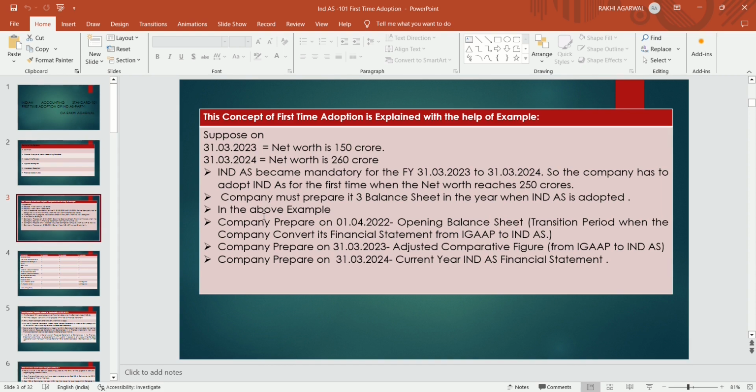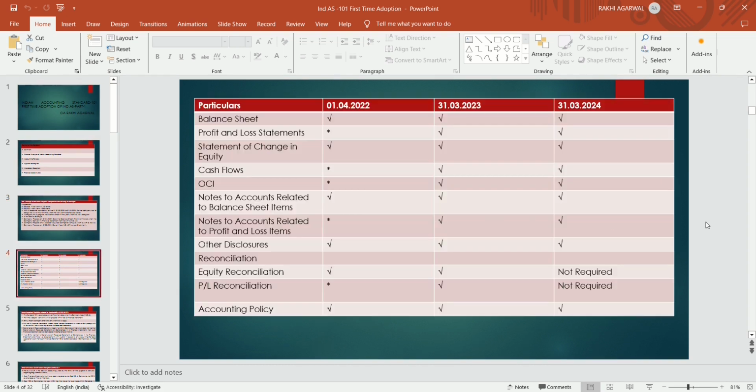What is the transition period? The transition period is the opening balance sheet date when the entity is required to prepare, that is 1st April 2022. Just like they prepare the balance sheet, profit and loss statement, statement of change in equity, they are going to prepare cash flows, adjusted cash flows.